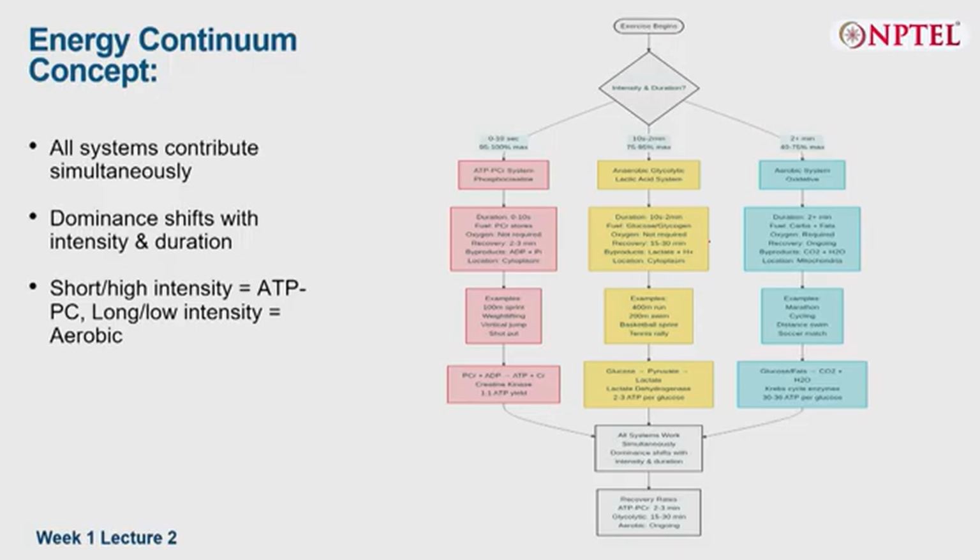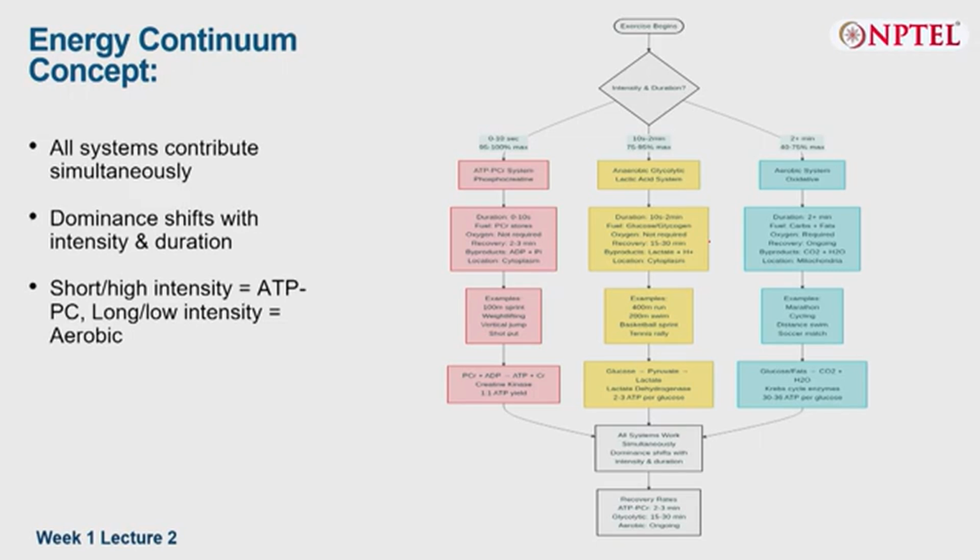The 200 meter swimming, basketball and sprint, then tennis rally, all have a duration of around 12 to 20 seconds. So, definitely the reliance on the lactic acid system or the anaerobic glycolytic system is much more prominent.